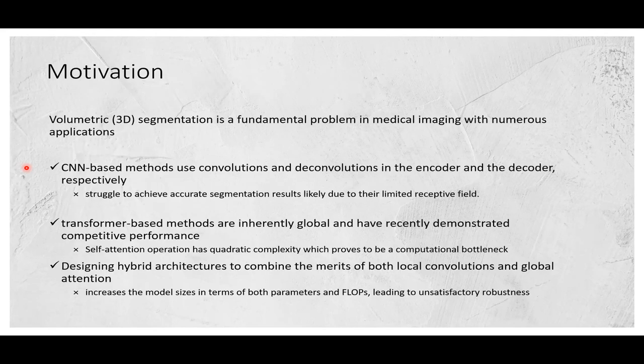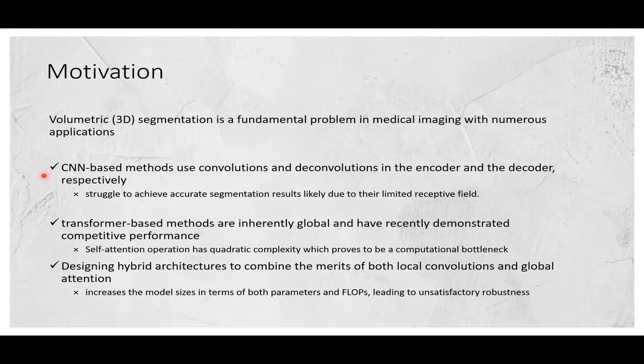When it comes to medical image segmentation, 3D or volumetric ones are a fundamental problem because of their numerous slices, but they have lots of applications like tumor identification, organ localization, and so on. To do 3D image segmentation, we typically use a UNet architecture where the encoder generates a hierarchical low-dimensional representation of a 3D image, and the decoder maps this learned representation to a voxel-wise segmentation.